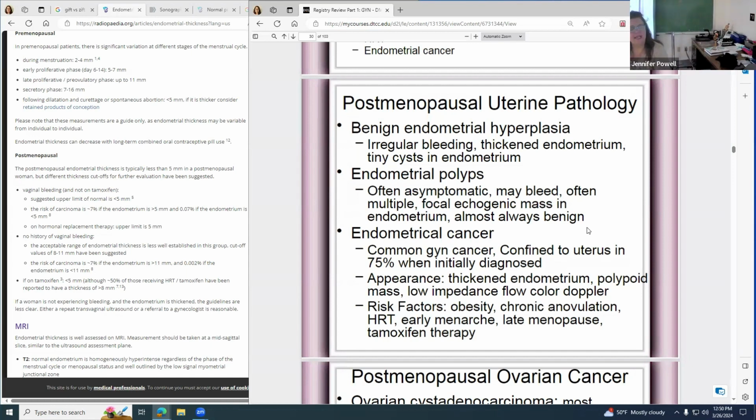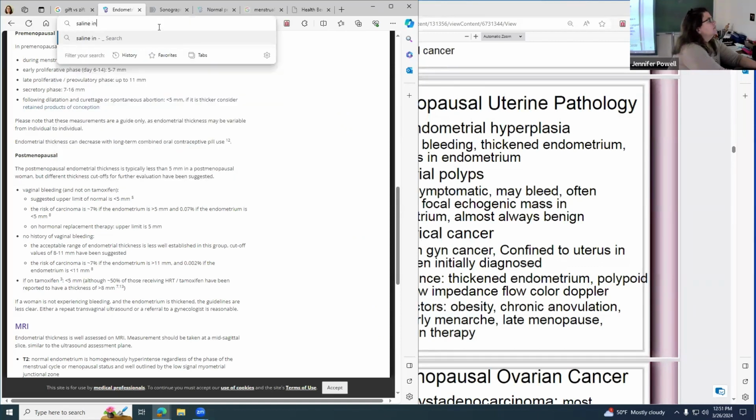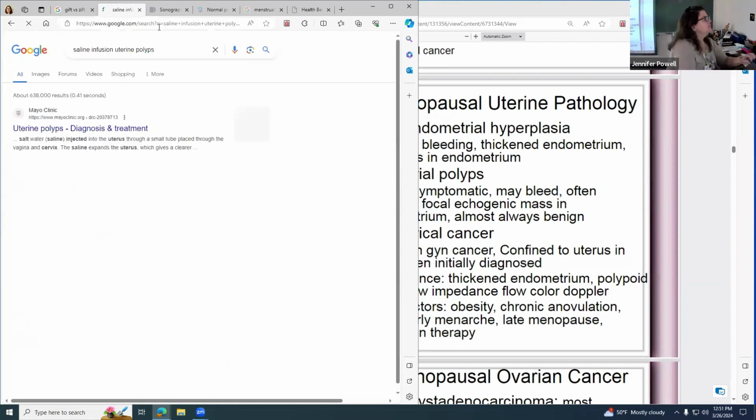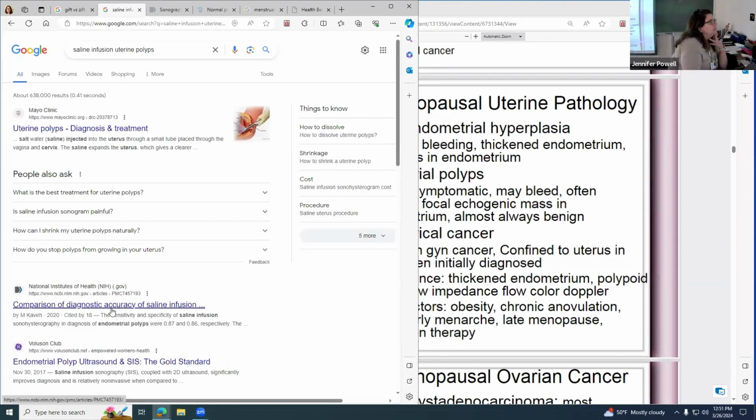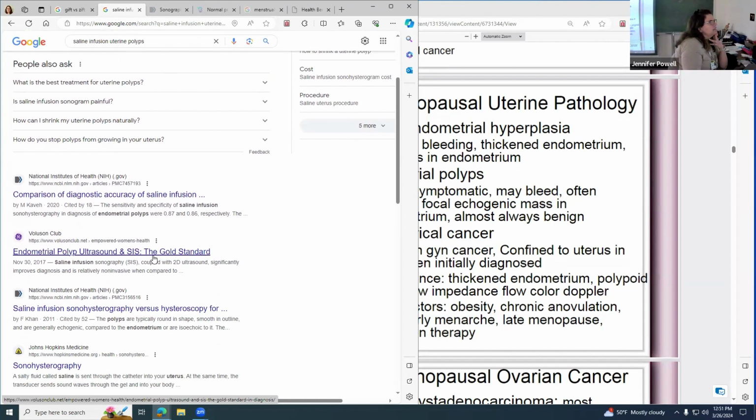And do you remember that test that they'll do? What's it called? It's when they infuse saline in. Saline infusion sonography, there's another word for it.